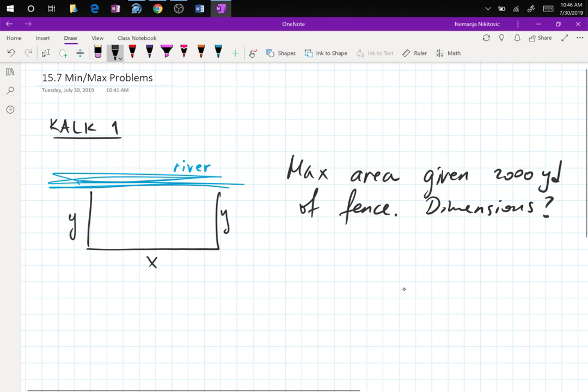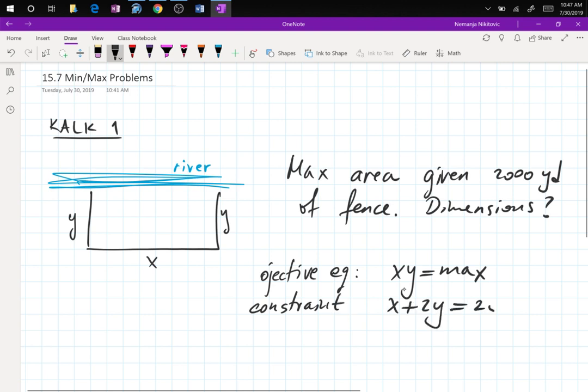Well, your objective equation is going to be xy is a max, because that's the objective of the problem. You are trying to figure out the maximum area, and the constraint is that x plus 2y must be 2,000, because that's how much fence you have, which is the black line going around.